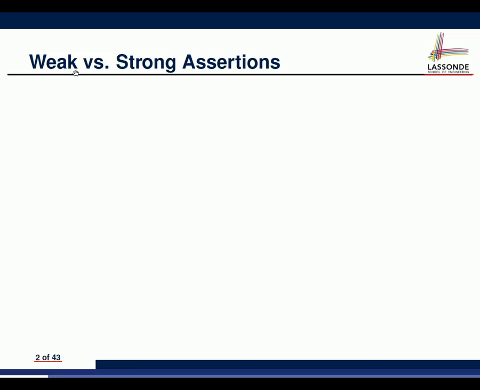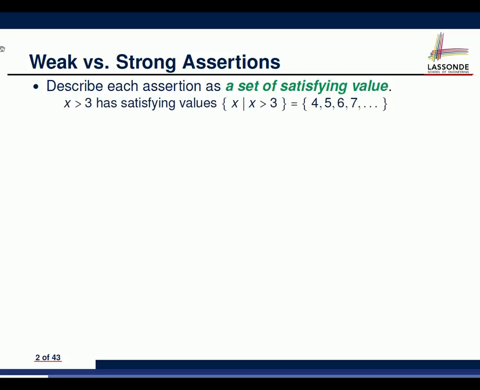Have you actually learned about the notion between weak and strong in 1090 or 1019? I'm not too sure. Maybe, yeah. Okay, let's just review very quickly. But it's very easy. So now, again, we can describe each predicate as a list of satisfying values. So we can say that x larger than 3, we simply got all the values, the set of values that's larger than 3, starting from 4. Okay, it's an infinite set, conceptually.